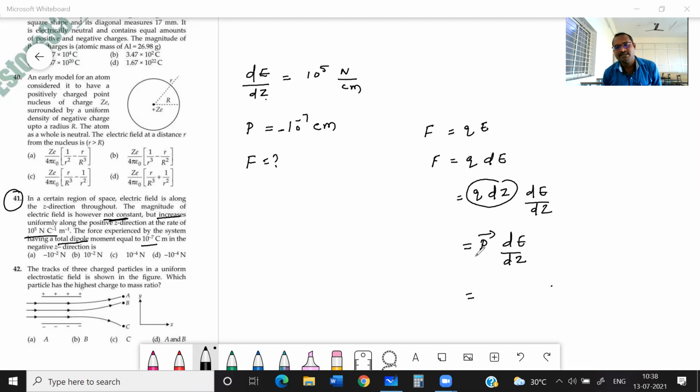The dipole moment is minus 10 to the power of minus 7 into dE by dz, which is 10 to the power of 5. So you will get minus 10 to the power of minus 2 newtons. Here plus is also an option, but I am taking minus because the dipole moment is along the negative z direction. So option A is the right answer.